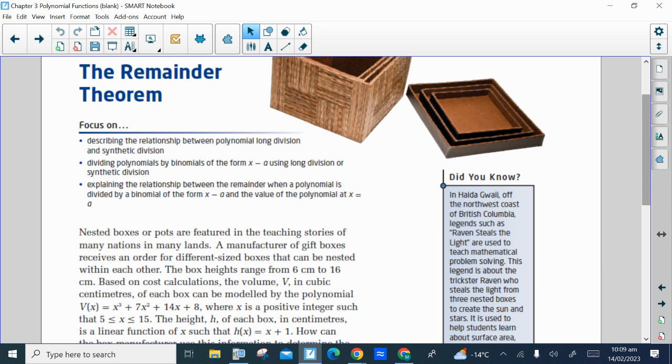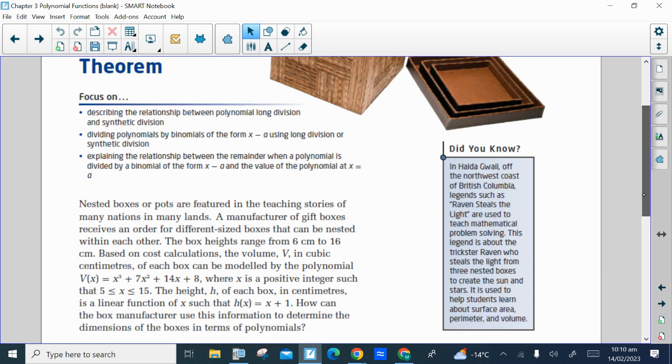So we're going to divide polynomials by binomials of the form x minus a using both long and synthetic division. And then we'll talk about the relationship between the remainder when a polynomial is divided by a binomial x minus a, and the value of the polynomial when x equals a.